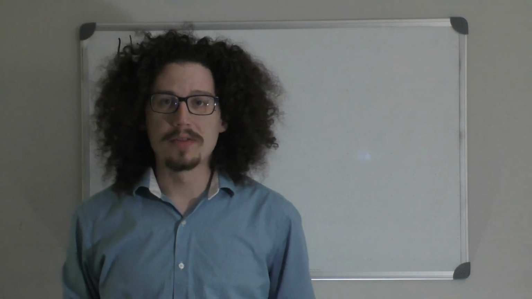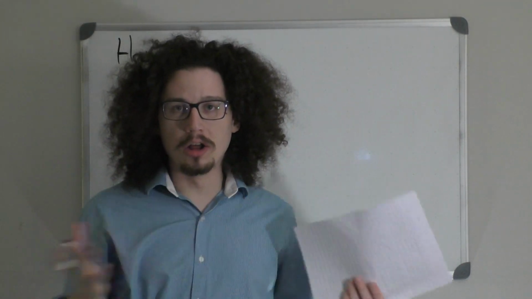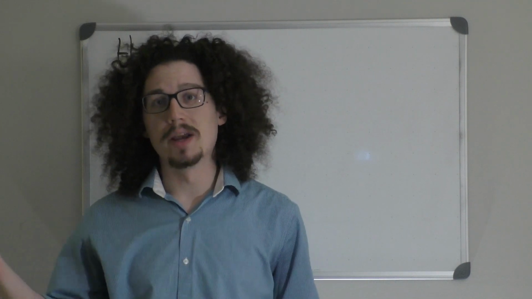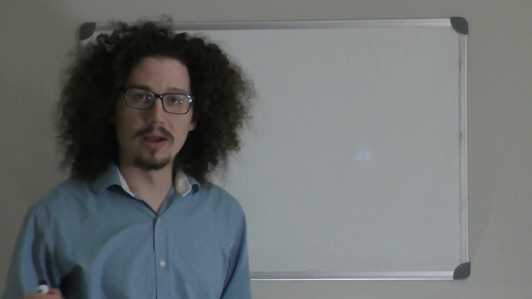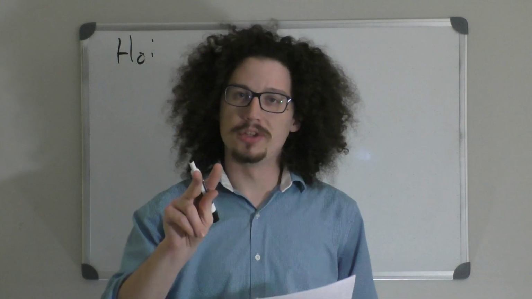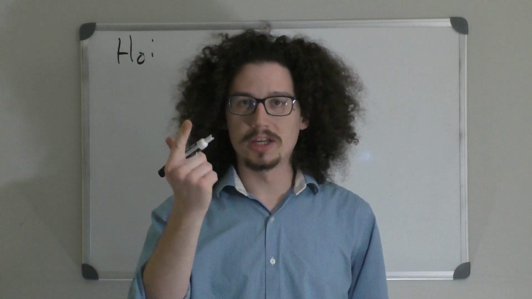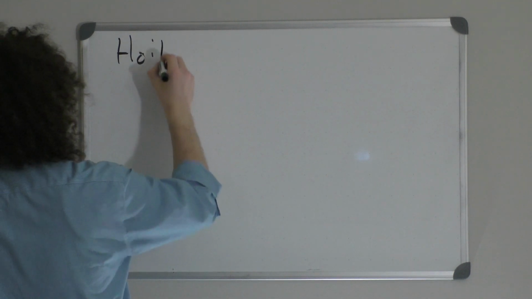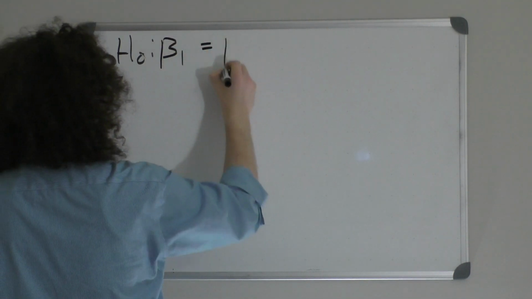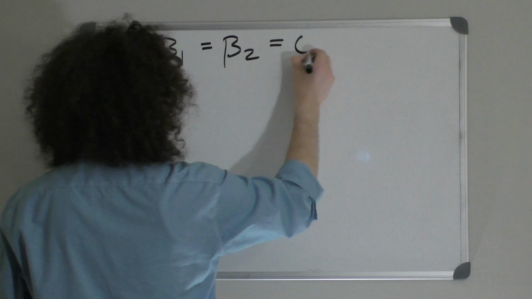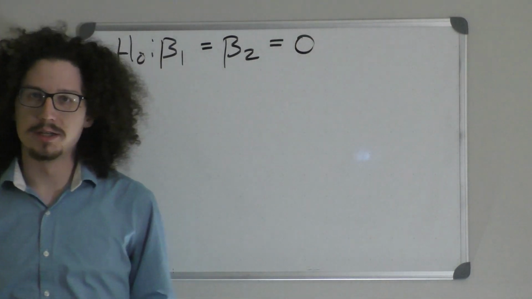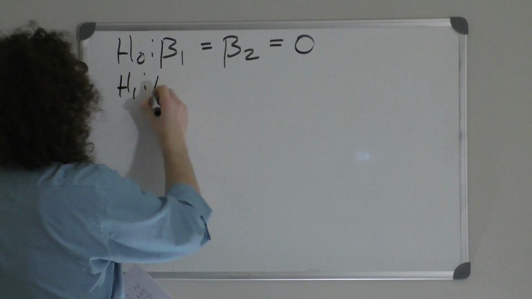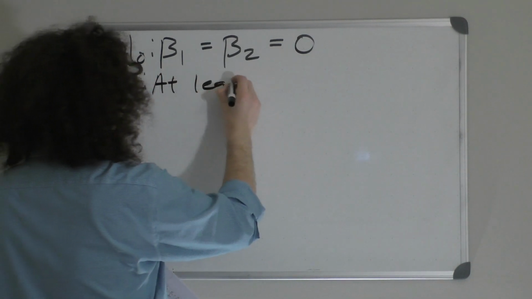So when we start our test, we start with our null hypothesis. That's all of our slope coefficients, or slope parameters rather, equal 0. We have 2, because we have 2 independent variables, years of education and years of experience. So beta 1 equals beta 2 equals 0.